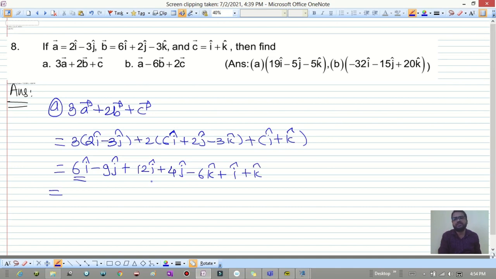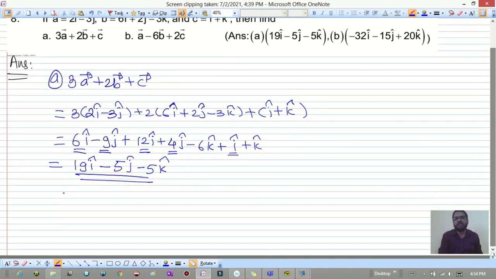And this, 6 plus 12, 18, plus 1, 19 i hat. We have minus 9j hat plus 4, it will become minus 5j hat. Now last one, k hat: minus 6 and plus 1, minus 5k hat. So it's very simple if you understand the basics, isn't it?